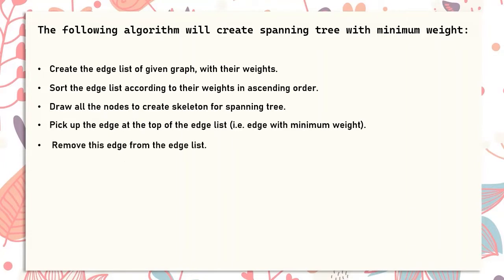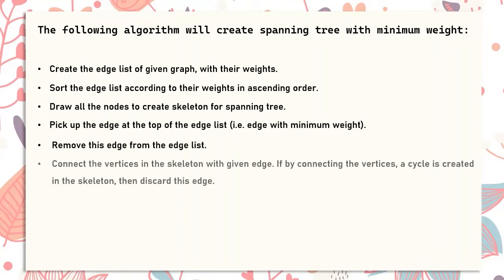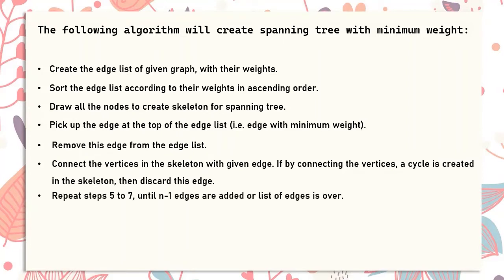Fifth step: remove this edge from the edge list. Sixth step: connect the vertices in the skeleton with the given edge. If connecting the vertices creates a cycle in this skeleton, then we have to discard this edge. Now repeat steps 5 to 7 until you get n-1 edges or the list of edges is over. Now Prakash will explain the algorithm with the help of an example.